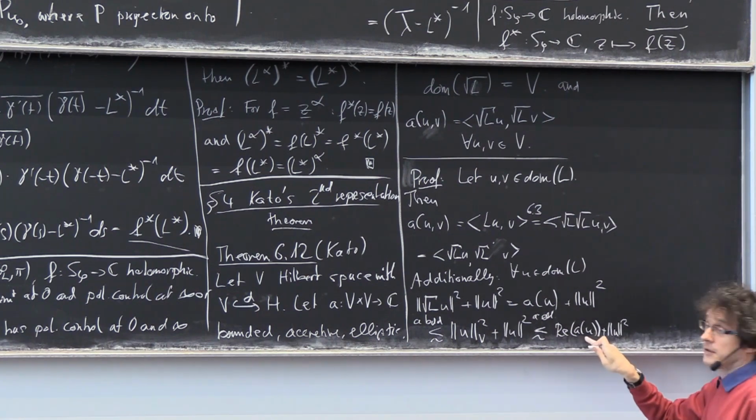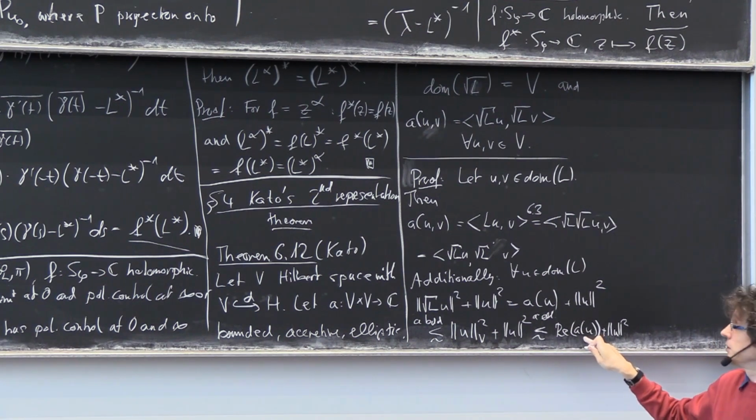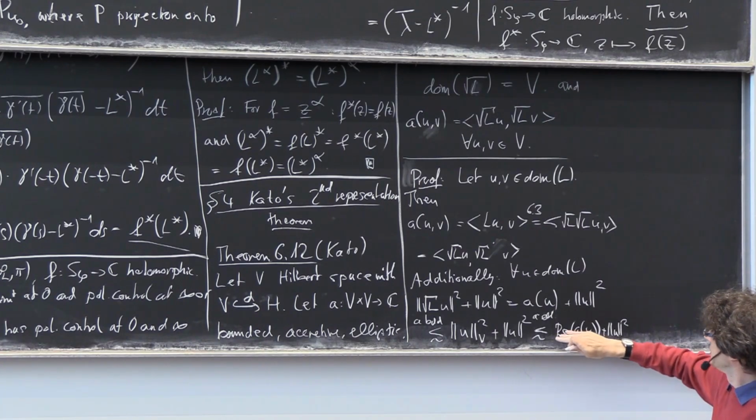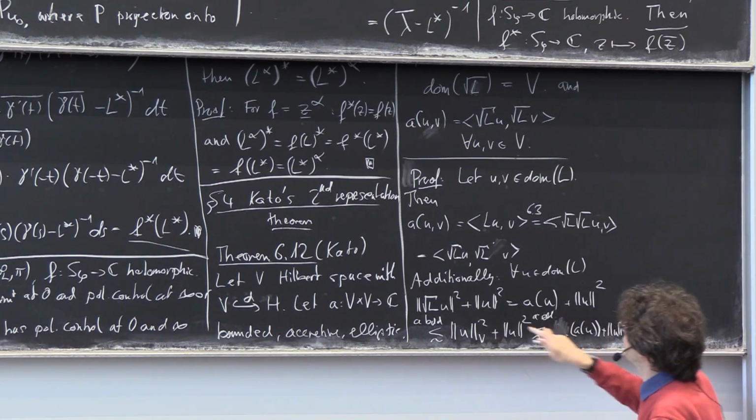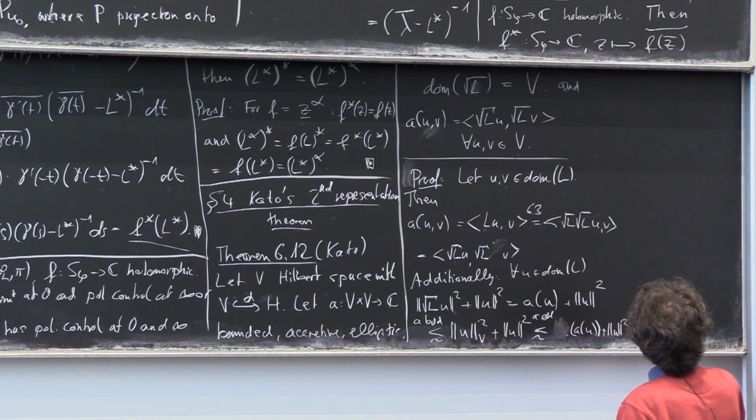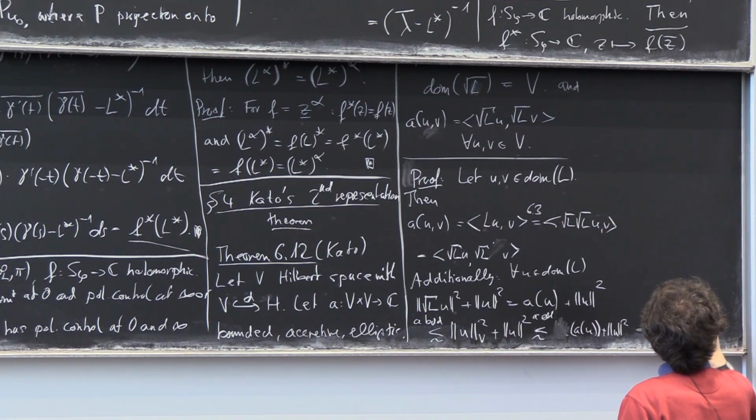Now this is a symmetric form, so the quadratic form is real, and the real part of something real is not needed. Now you can go back. a of u is again the square root, so this is the norm of the square root of L u squared plus the norm of u squared.